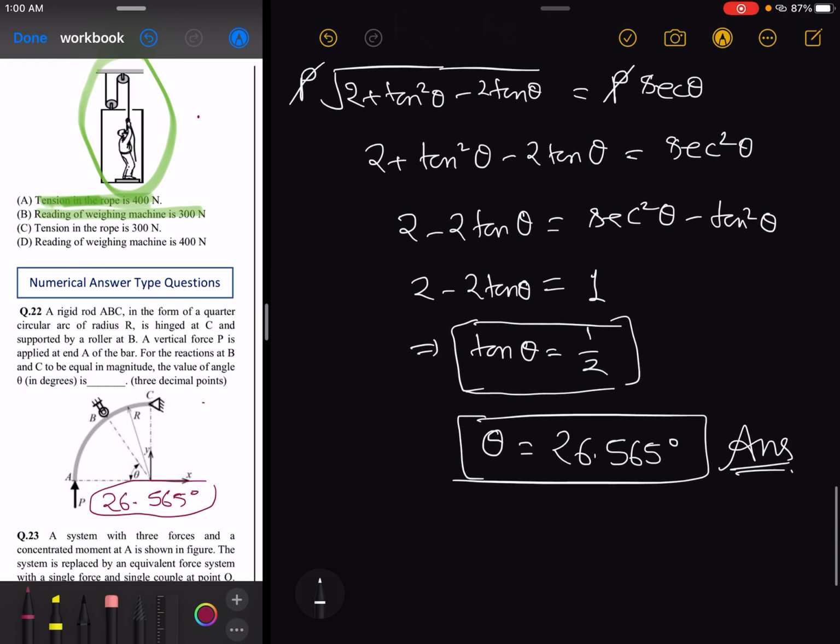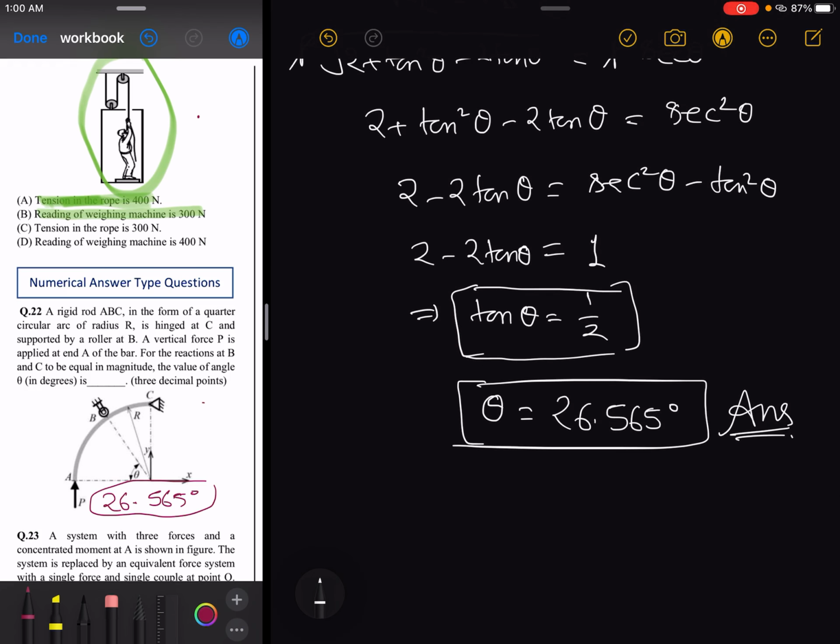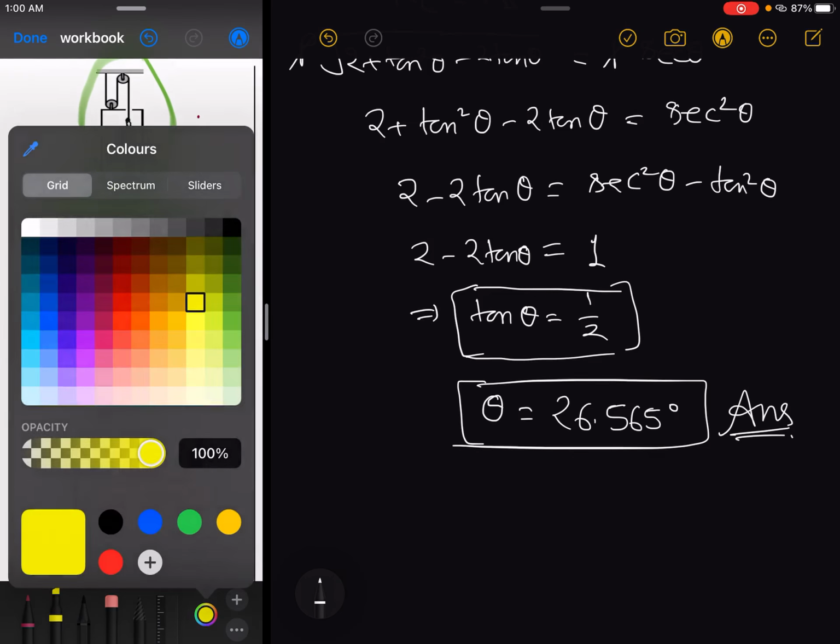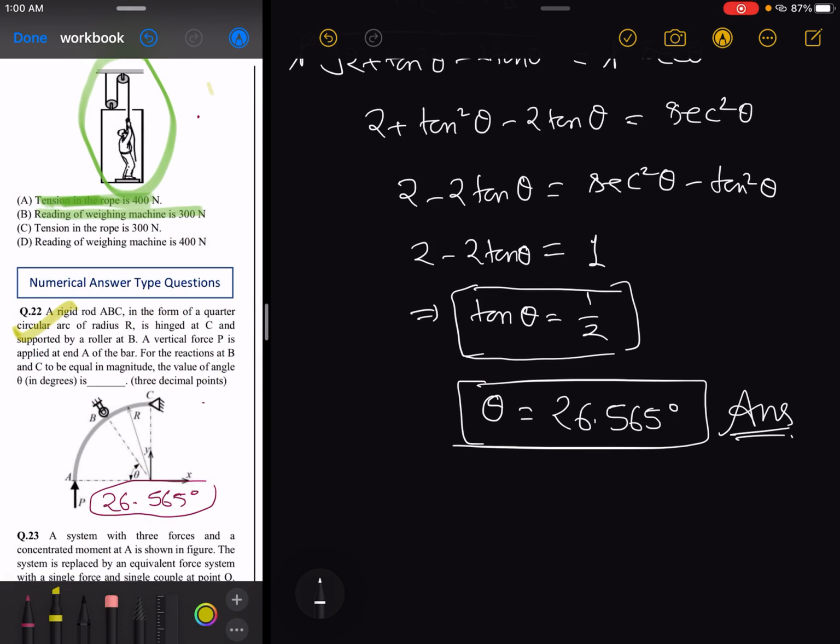Okay, so next we have solved the question number 22, and it was a very beautiful problem, and this was asked in GATE engineering science. Okay, so this is the problem from GATE engineering science paper, right?